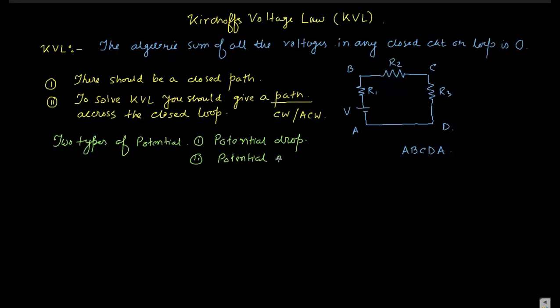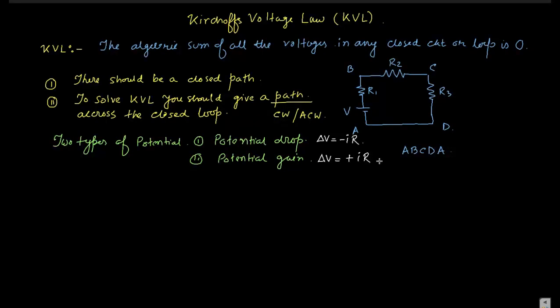What do gain and drop mean? If a potential drop occurs, then delta V is equal to minus I into R, and if a potential gain occurs, then delta V becomes plus I into R.